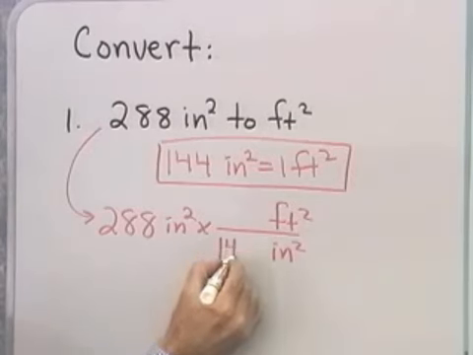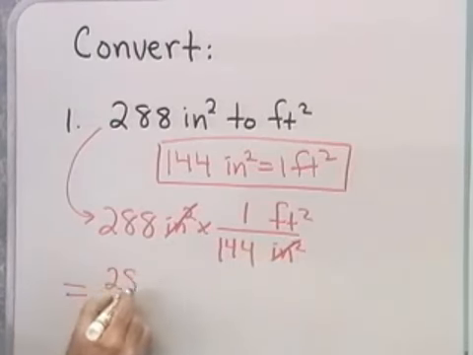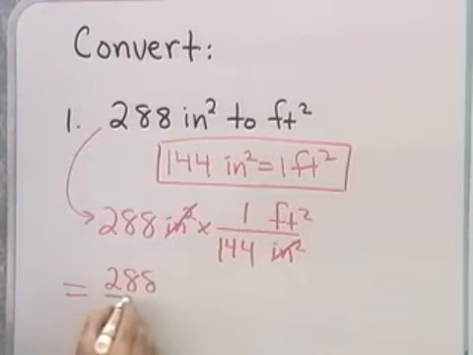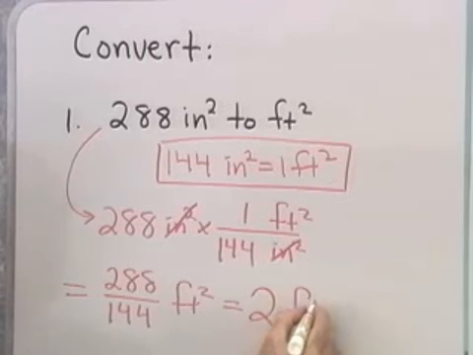So I see that I must put the 144 on the bottom and the 1 on the top. The inches will divide out, and I'm left with 288 times 1 divided by 144 square feet. Now when I divide 288 by 144, I end up with 2 square feet.